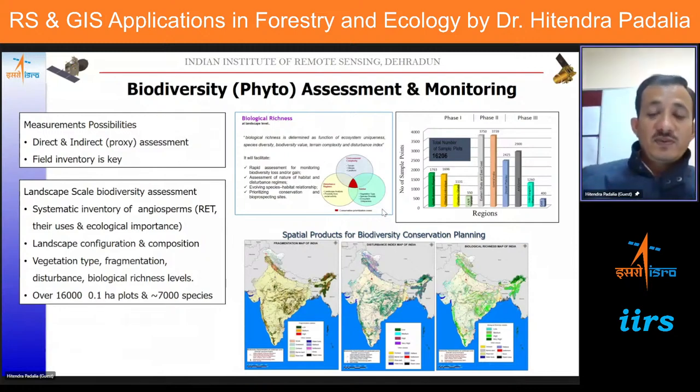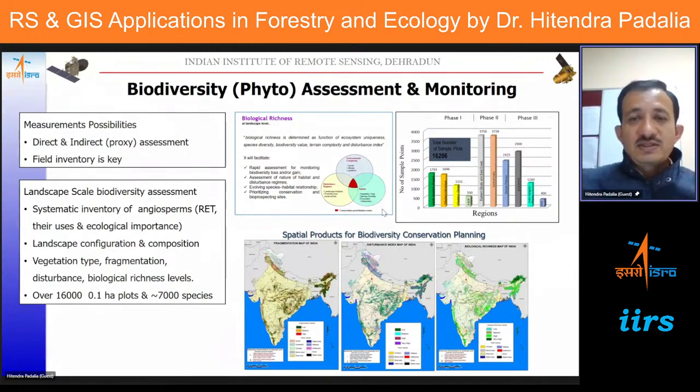This type of information has been generated at 1:50,000 scale in a biodiversity project carried out over almost a decade. The main science part was that satellite data was used, field inventory was used, and landscape ecological principles were used to generate various types of outputs.